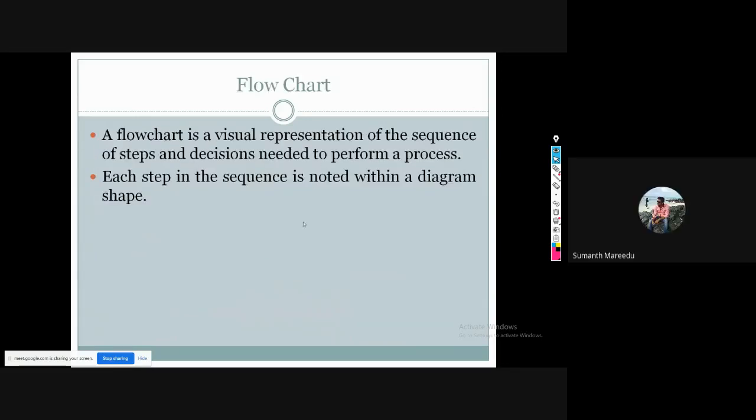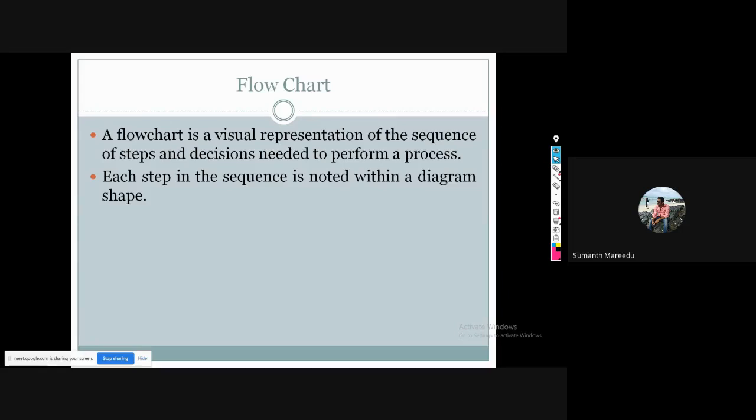So now we'll come across a flowchart. A flowchart is also one process of representing the step-by-step process, which is an algorithm also.